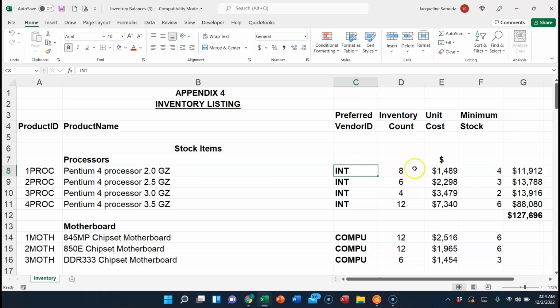You already know what this next column represents, and as you know, this represents what was counted at year end. The unit cost column, as I said earlier, shows you what you paid for these items on your last purchase. And finally, a minimum stock level.